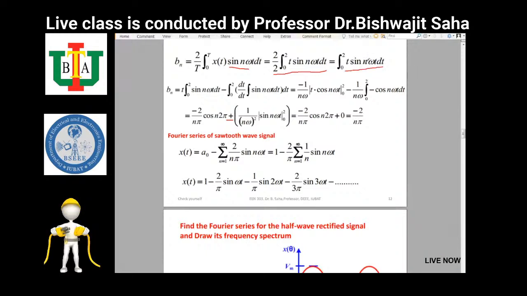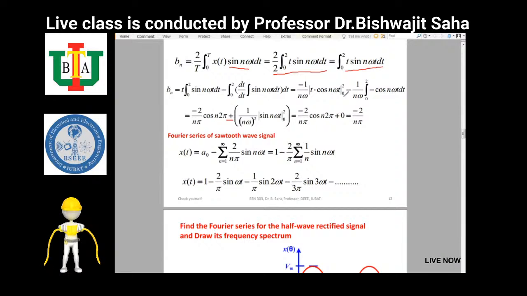So t is considered as u. So u, 0 to t, sine n omega t dt. So t, d by dt, integration of sine n omega t dt, and overall dt. So after giving the limit for the first term, it is very interesting. Very, very interesting.